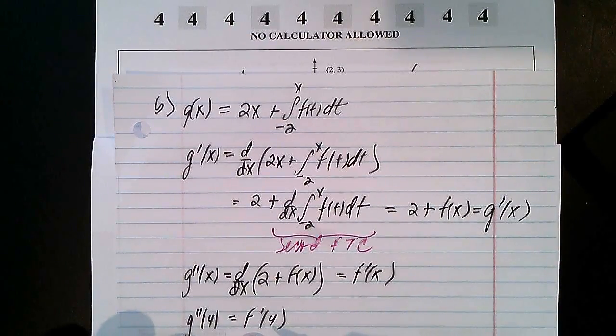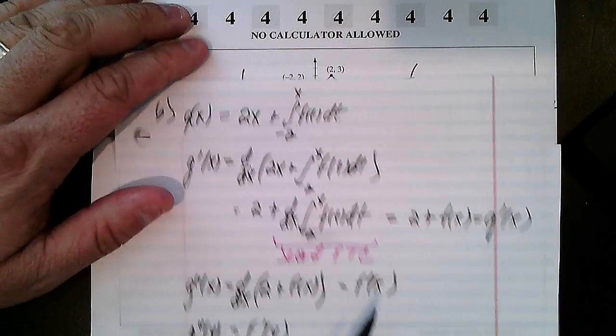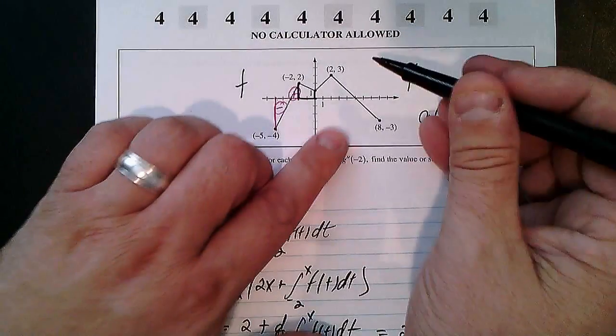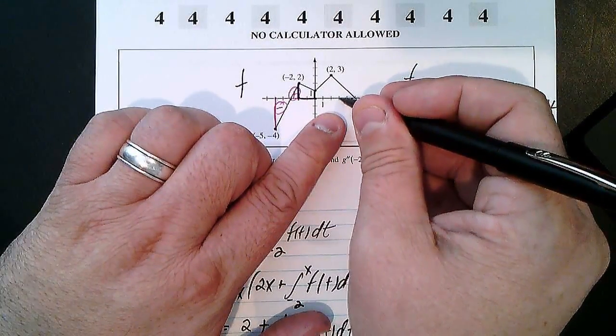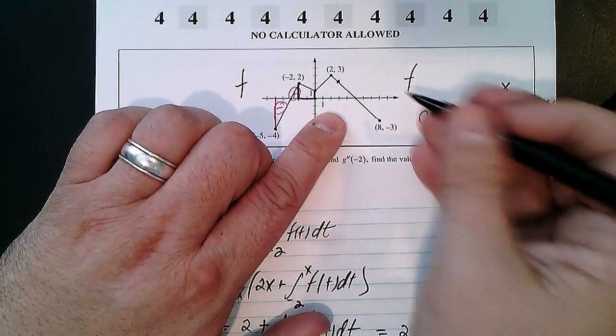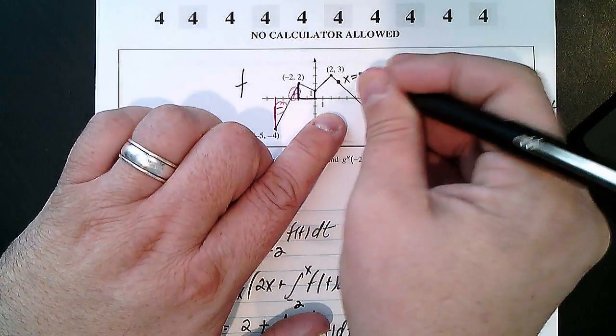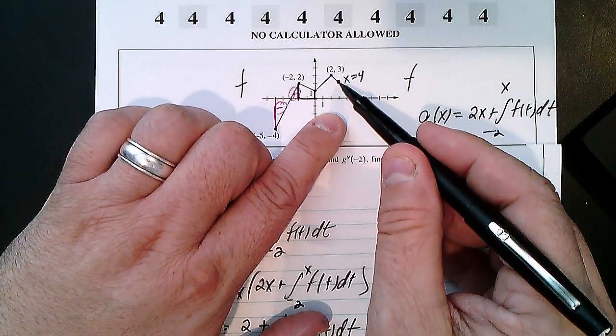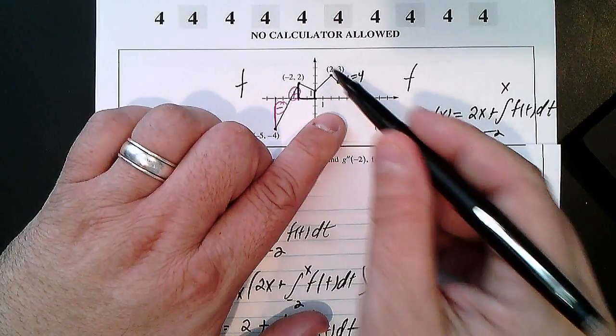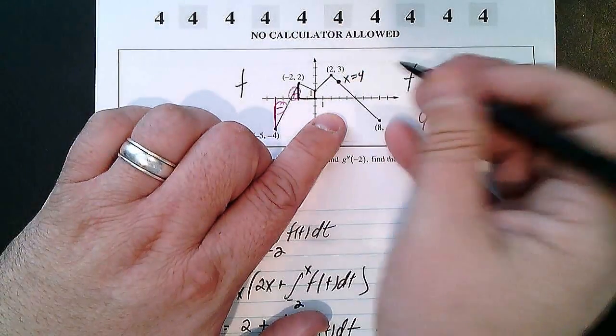F prime of 4 is the slope of the tangent line to the graph of f at x equals 4. If we look at the graph, where's x equals 4? Well, 1, 2, 3, 4. Oh, bummer. X equals 4 is of course a point on the graph of f, but I can't find that slope easily just at this point.